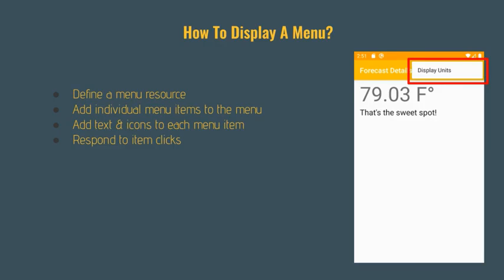Display units is a menu item within a menu resource. Each menu item can be configured, and you can add text and icons to configure the look and feel and the message you're trying to convey with that menu item. And then finally, we can respond to menu item clicks to perform whatever action we want.